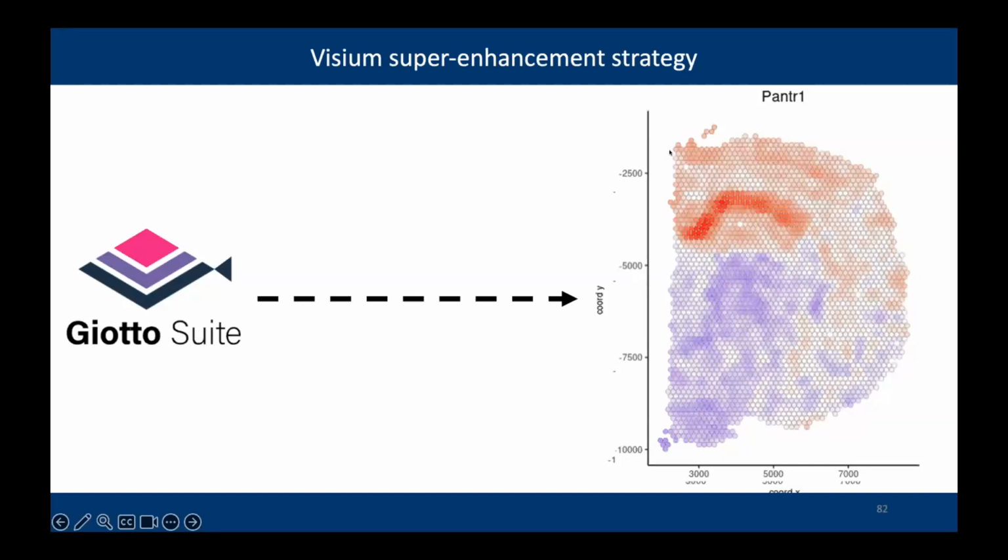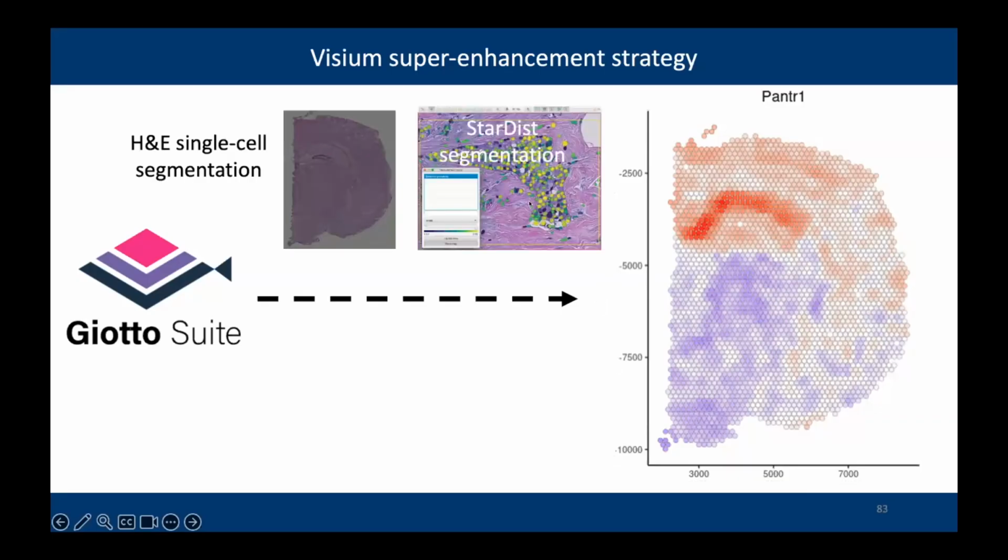So in Giotto Suite, you can analyze your typical data set. This is the mouse brain Visium data set, and this is one specific gene. You can do your typical analysis and visualize that specific gene. And that's great. But as I showed you before, it's very easy to have a matching H&E image, use any of your segmentation tools, and identify individual nuclei in that matching H&E image. So that's number one. You can use that as another spatial unit.